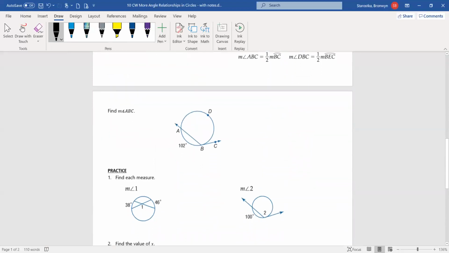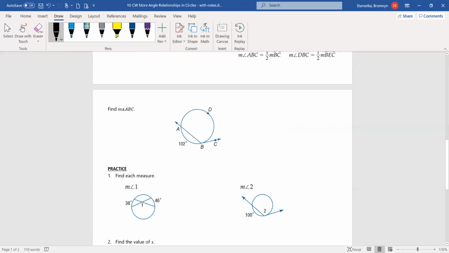All right. So we want to find the measure of ABC, this one right here. We know that the little arc AB is 102 degrees. So the measure of this is 360 degrees minus 102 degrees.